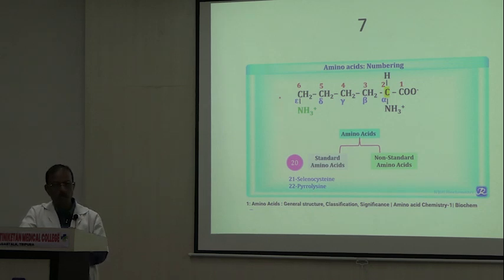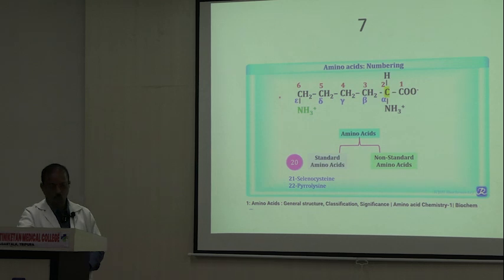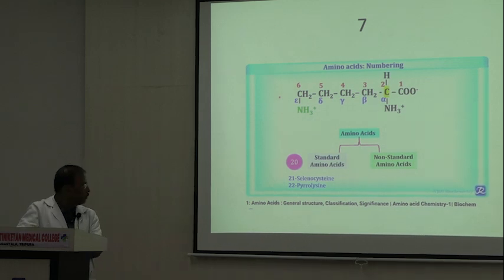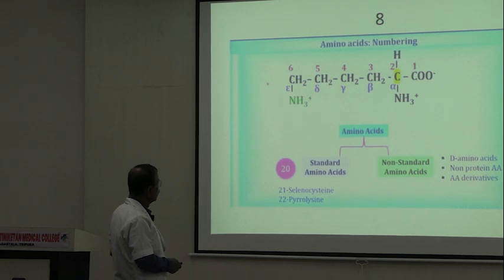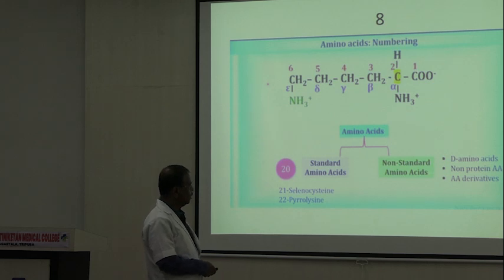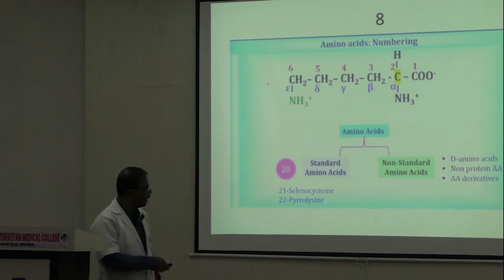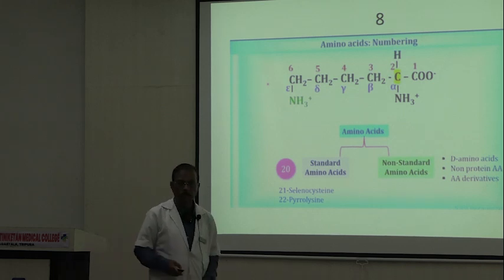When you come to protein synthesis, you will know what a codon is. Non-standard amino acids do not have a codon. But some of the non-standard amino acids also take part in different reactions of the biological system. They are D-amino acids, non-protein amino acids, and amino acid derivatives.